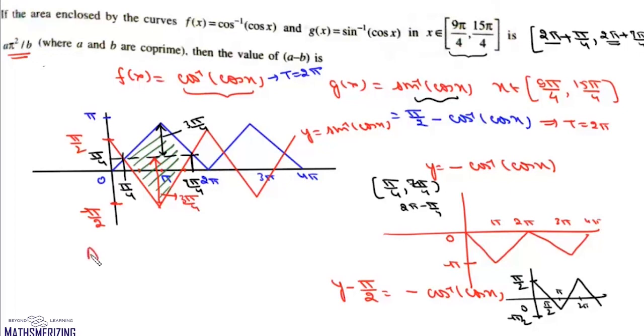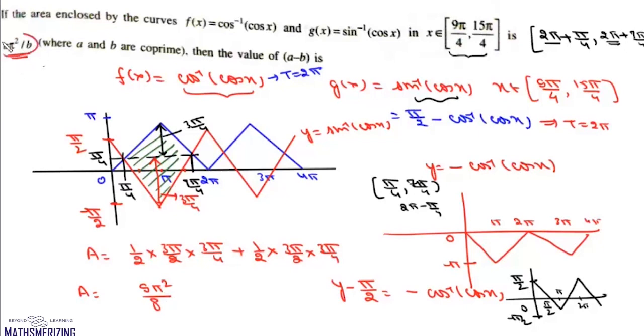So the required area will be 1 by 2 times the length of the base. The length of the base is 7 pi by 4 minus pi by 4, which is 6 pi by 4, that is 3 pi by 2, into this height, which is 3 pi by 4, and plus half, again length is 3 pi by 2 and height again is 3 pi by 4. So this area will be 9 pi square by 8.